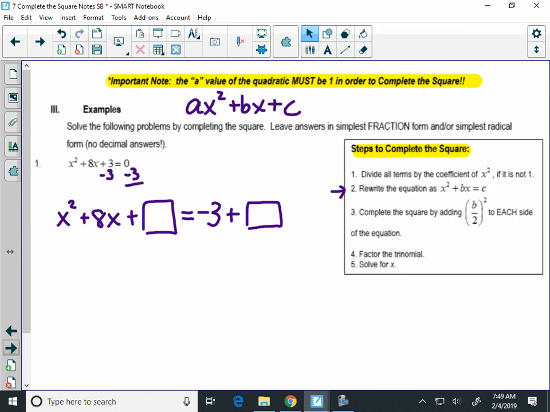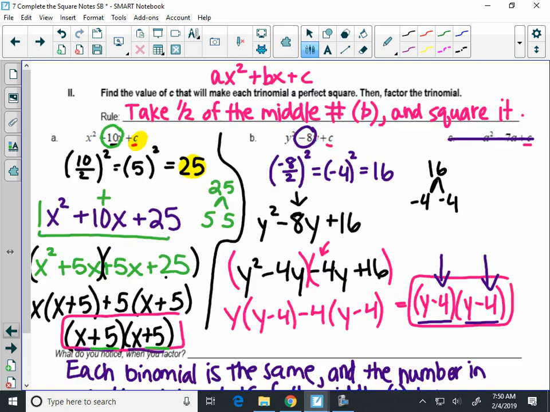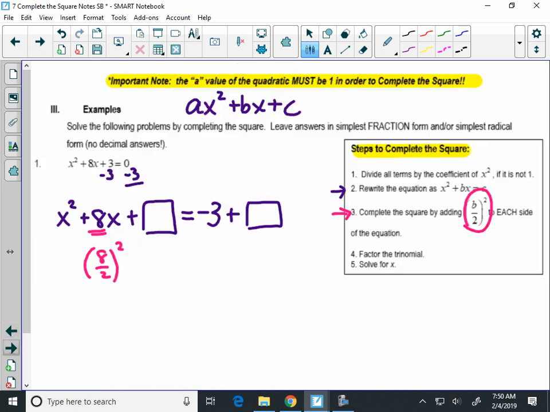Now we need to figure out what's going to go in that box. And what goes in that box is step 3 here. b over 2 squared. Now b is that middle number, 8. So I'm going to take 8 divided by 2 squared. This is exactly what we did back here to find the value of c. We took half of the middle number and squared it. This is c we're trying to find.